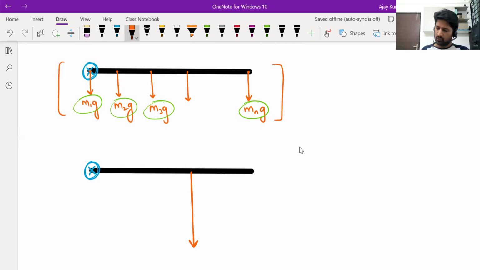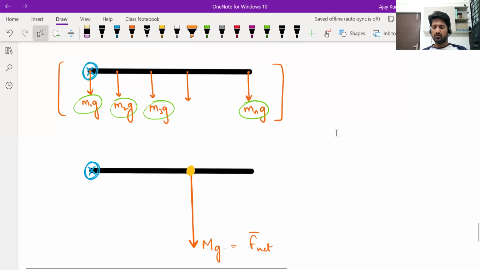If you put all of them together, it becomes the total mass multiplied with g. So that's the net force. But we should ensure that the point where you apply this net force produces the same amount of torque.